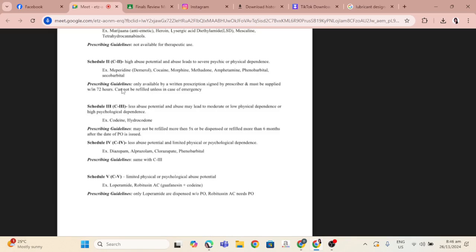Codeine is a type of cough syrup that has been used in some countries. Dito kasi sa atin, it is still a controlled substance, si codeine. Yung prescribing guidelines naman for these type of drugs cannot be refilled more than 5 times or be dispensed or refilled more than 6 months after the date of the prescription order.